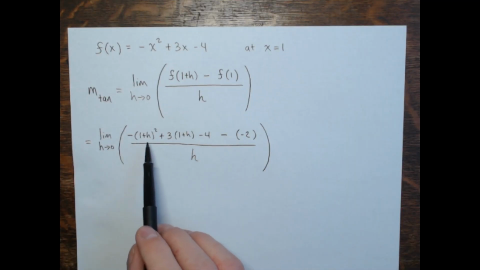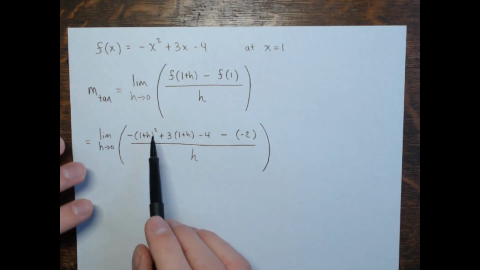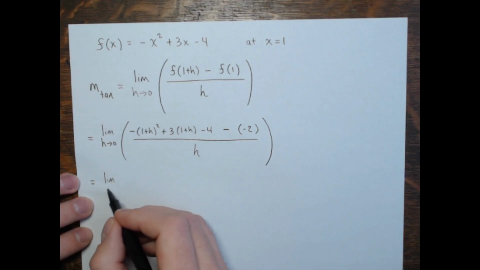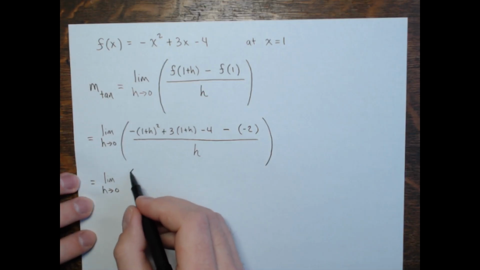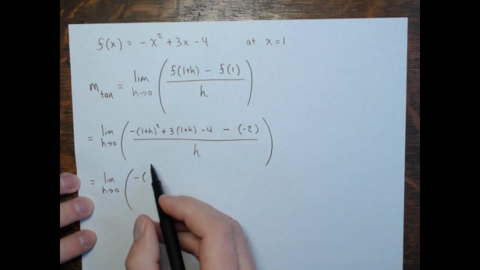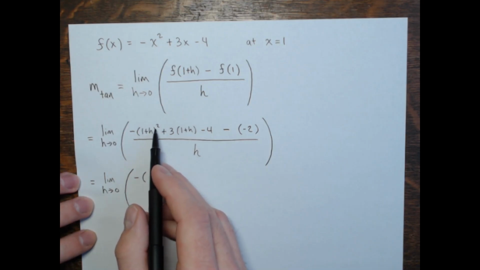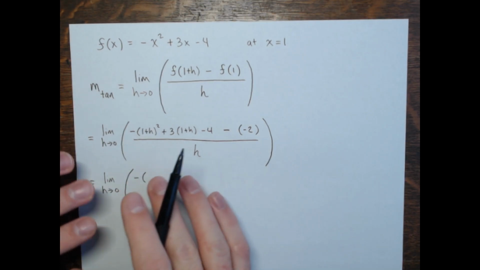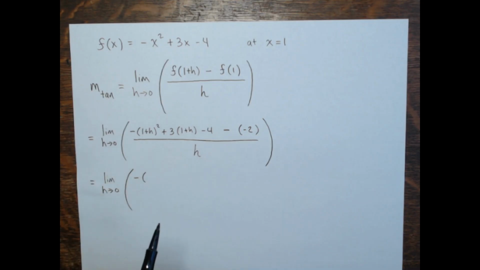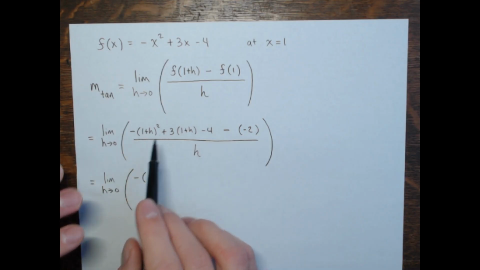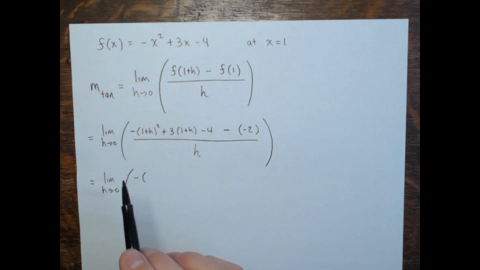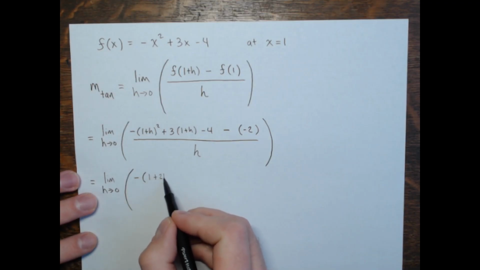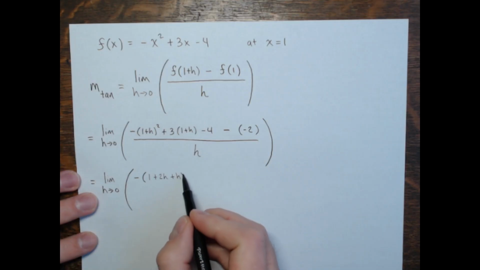Now remember, order of operations, you would square something first before doing multiplication. This is the limit as h approaches 0 of the opposite of. Now when you square 1 plus h, that is not 1 squared plus h squared. Remember, you do not distribute powers. That's 1 plus h times 1 plus h again, and then you FOIL. So that's 1 plus 2h plus h squared.